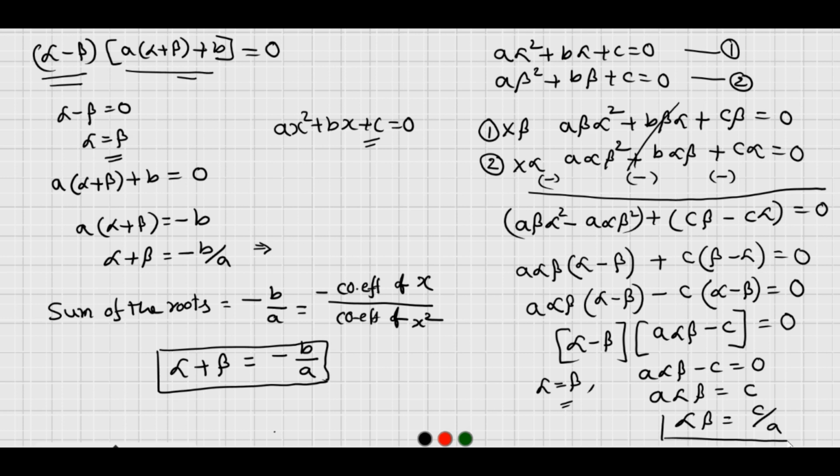So this is the other form of the relations between the roots and the coefficients. When you sum up the roots, we get minus b by a. When you multiply the roots, we get c by a. C is the constant, divided by the max power coefficient, that is the coefficient of x square, right?